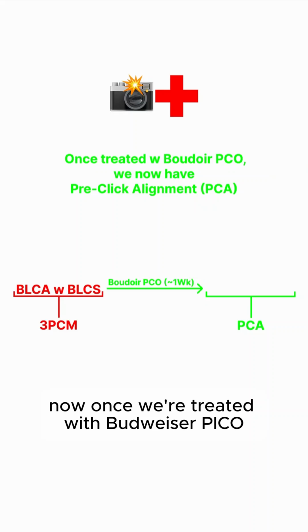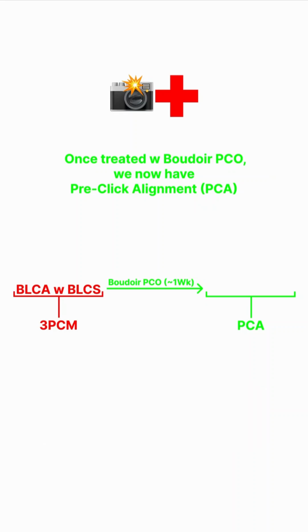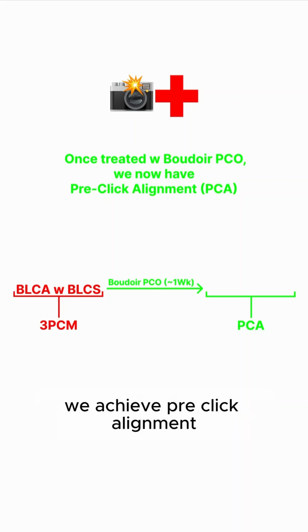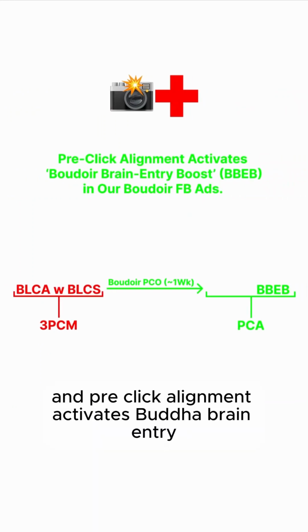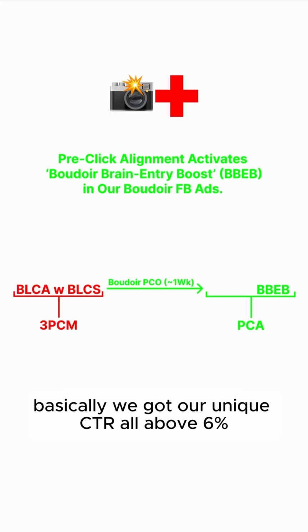Now, once treated with Boudoir Pico, we have pre-click alignment, PCA. So we got rid of the 3 pre-click mistakes. We achieve pre-click alignment, and pre-click alignment activates Boudoir brain entry boost in our Boudoir Facebook ads. Basically, we've got our unique CTR all above 6%.